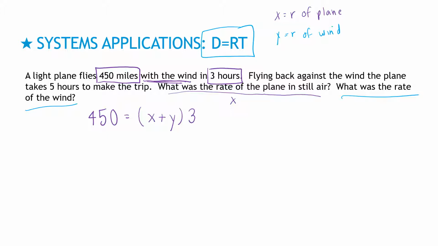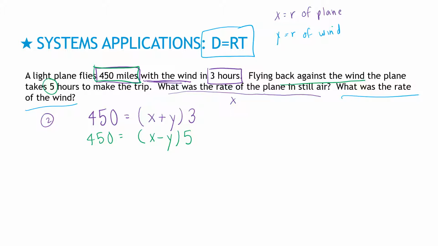Time is 3 hours. The second equation would be against the wind, 5 hours, still 450 miles. So 450 is distance. Rate against the wind would be the rate of the plane minus the rate of the wind, and then 5 hours. So there's my two equations.